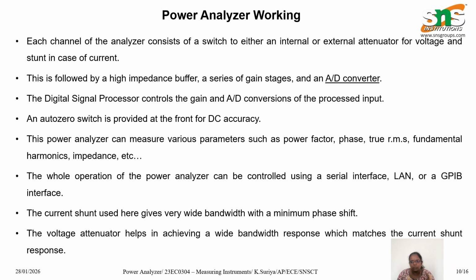Modern power analyzers also support communications through serial interfaces, LAN connections, and GPIB interfaces, allowing remote monitoring and control. Digital calibration improves accuracy and eliminates the need for manual adjustments.